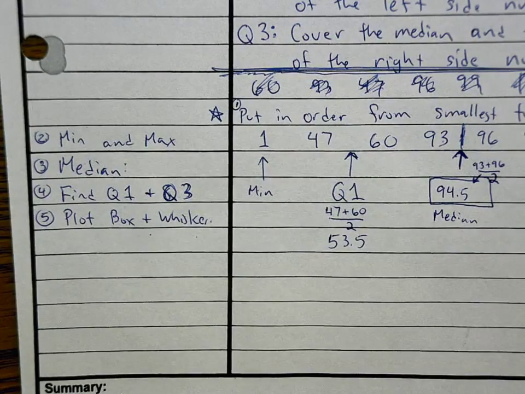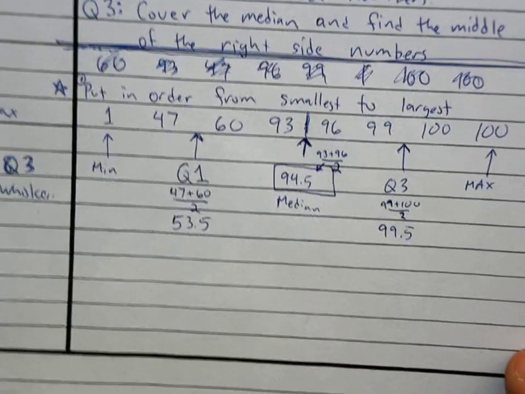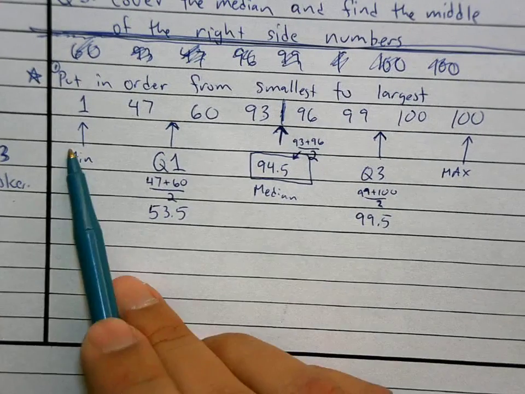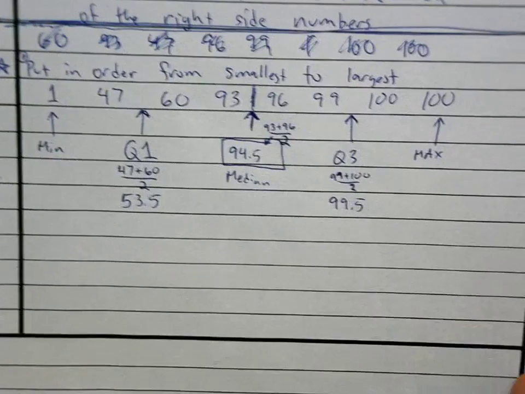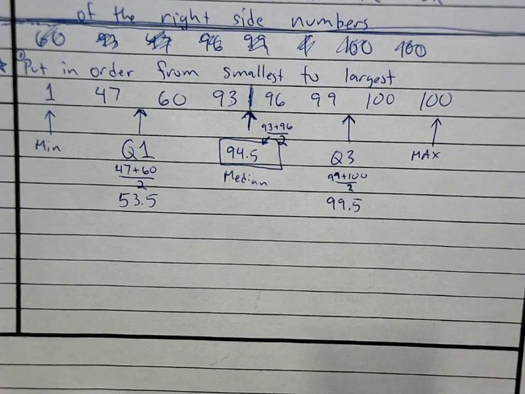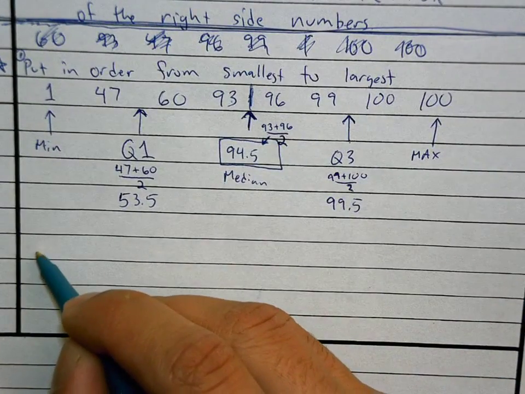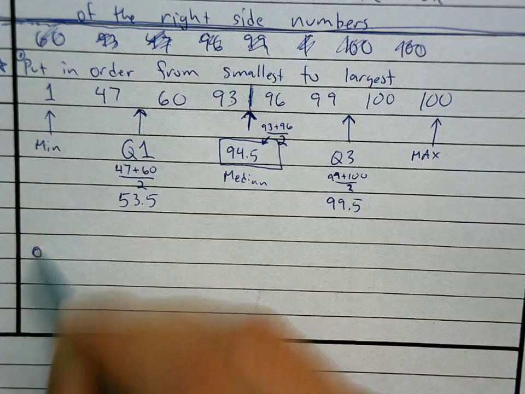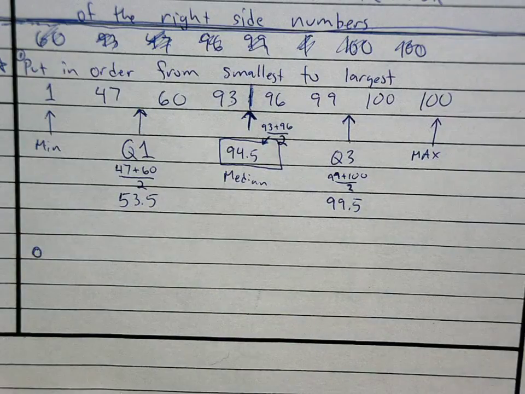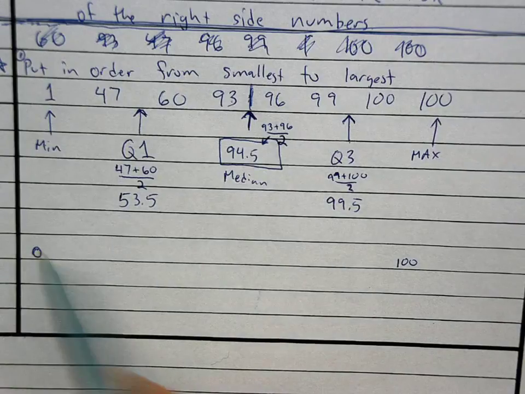The hard part is making sure we're counting by the same intervals. So here's how we make the box and whisker. We have to go from 1 all the way to 100. So what I'm going to do is make a number line. I'm going to start with 0 and go to 100.